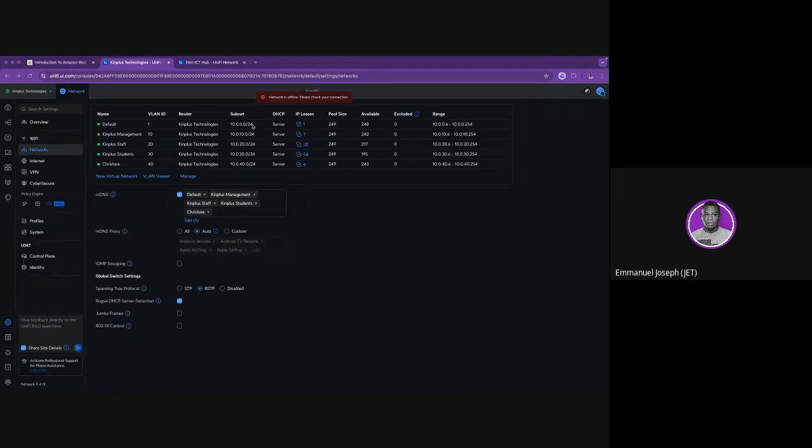If this was /8, that means it's in class A. No matter what is written here, 10.0.0 is the network, and since this is the network IP, it falls under class C.